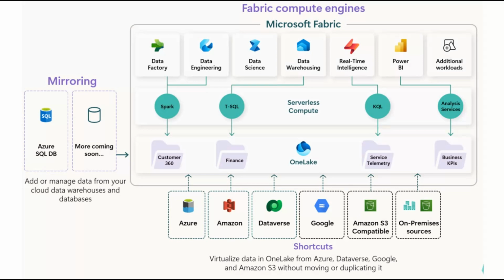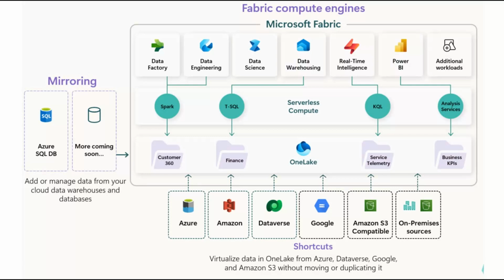In Fabric, you don't export data from one component just to import it into another. They all reference the same OneLake storage. This unification spans regions and even clouds. OneLake can unify data across different cloud providers and regions into a single logical lake without actually copying data around.